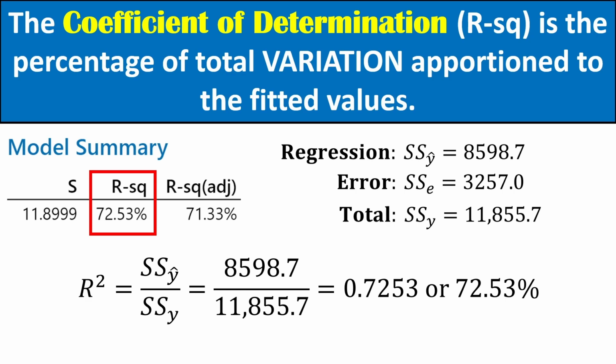If you calculate this ratio and multiply by 100 to get a percentage, you can see that is exactly R squared. And so R squared is the proportion of the total variation in your observations that goes toward the fitted values, or in other words, that goes toward the systematic component of the total variation.